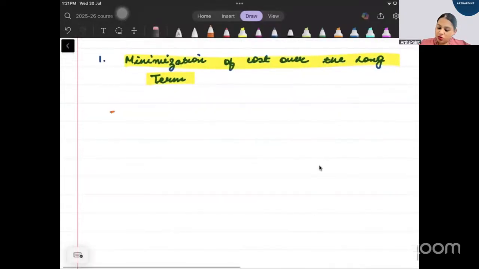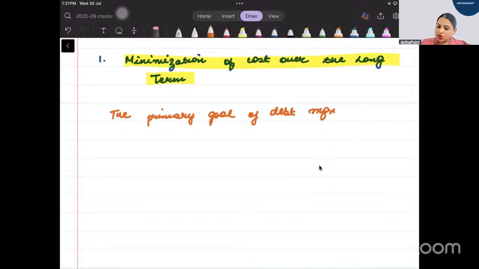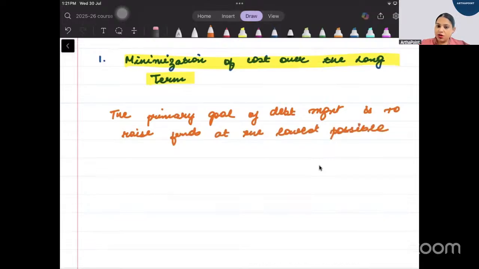The primary goal of debt management is to raise funds at the lowest possible cost over time.